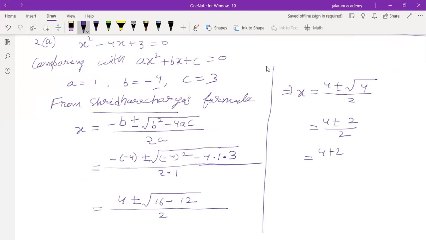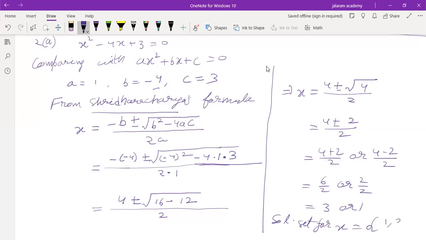So 4 plus 2 upon 2 when we take positive, and when we take negative, 4 minus 2 upon 2, that is 6 by 2 or 2 by 2, equals 3 or 1. So the solution set for x equals 1, 3, which is the answer.